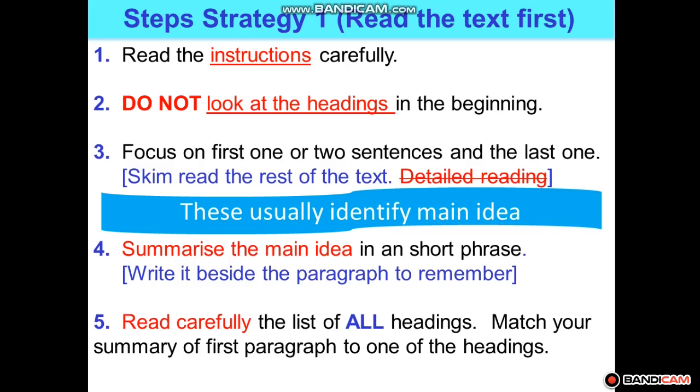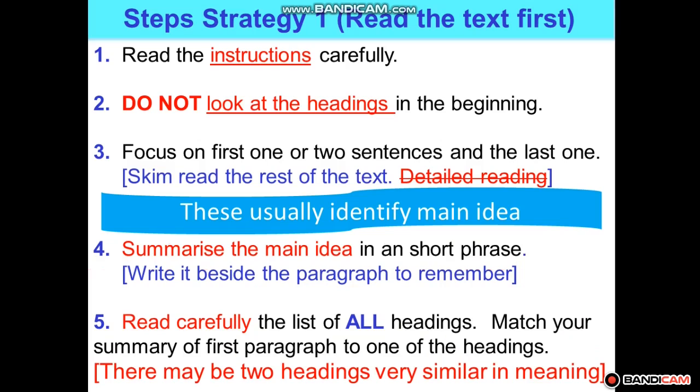Sometimes there will be distractors. For example, if you think heading number 2 or 3 matches paragraph number 1, and then you do not go through all the headings, that heading may probably not be the best match. In fact, that may be a distractor. So this number 5 is the most important point here.